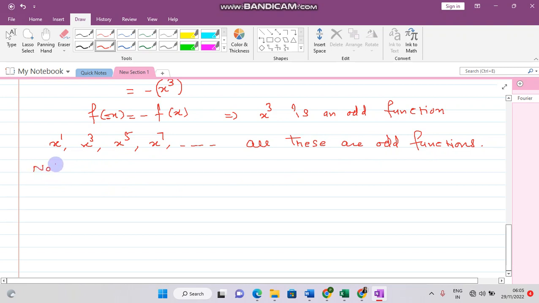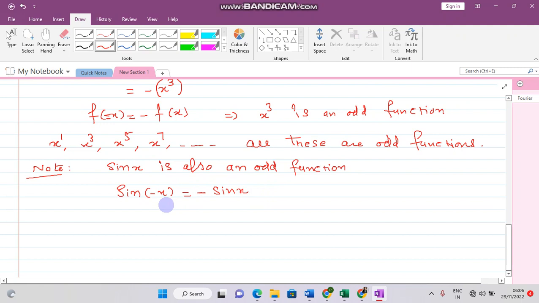Note, sin x is also an odd function because sine of negative x is equal to negative of sin x. So sin x also comes in the category of odd function.